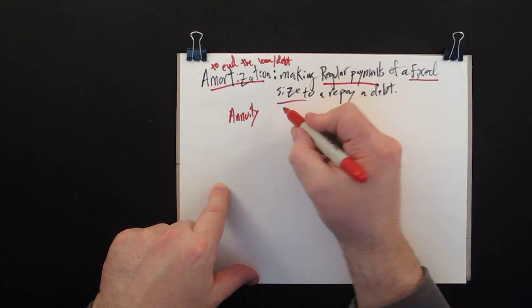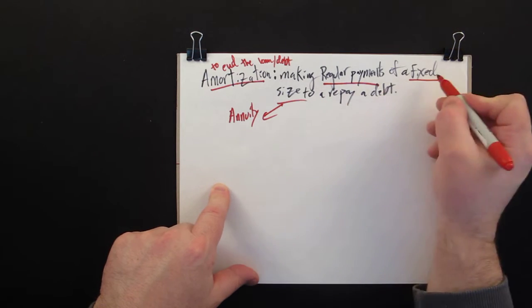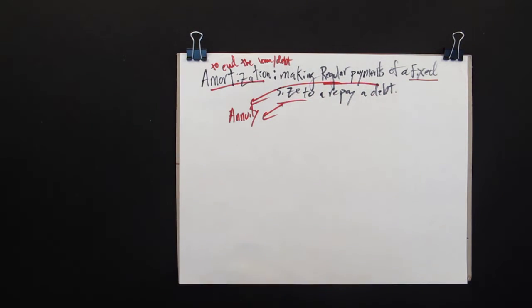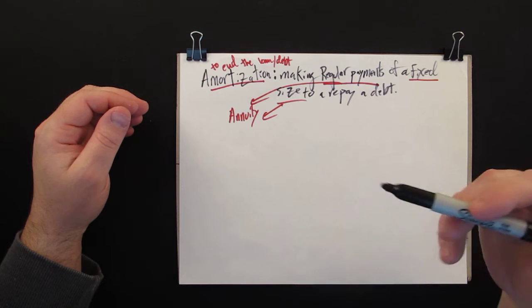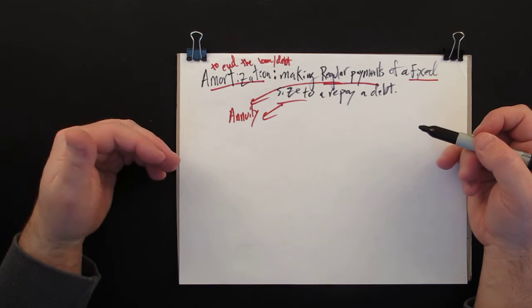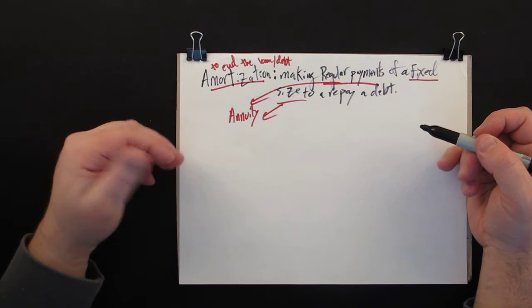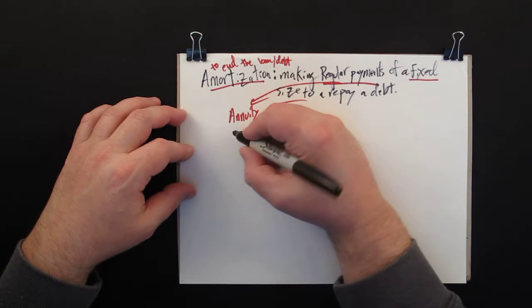So the process of amortizing a loan is mathematically going to involve an annuity to calculate the payments to repay it.